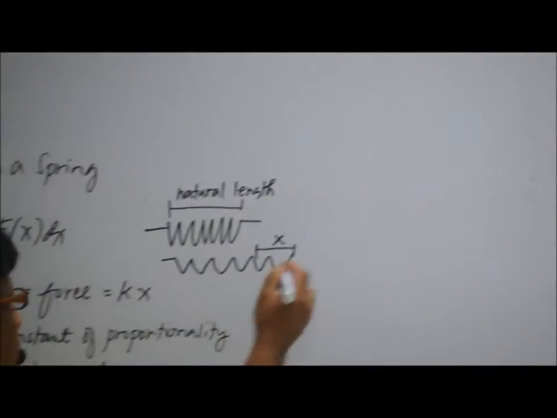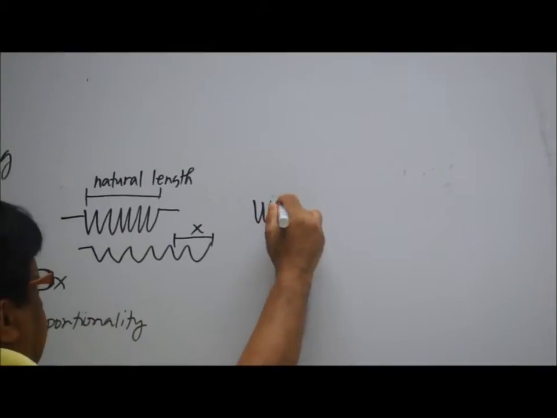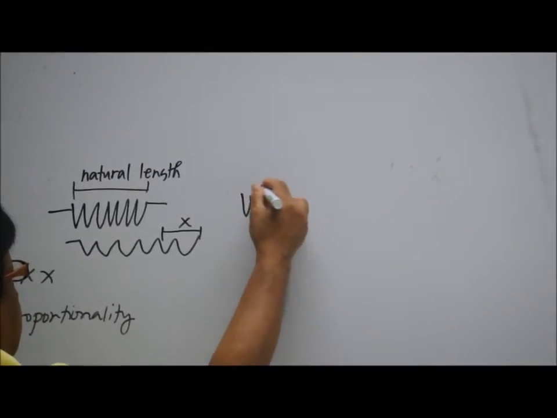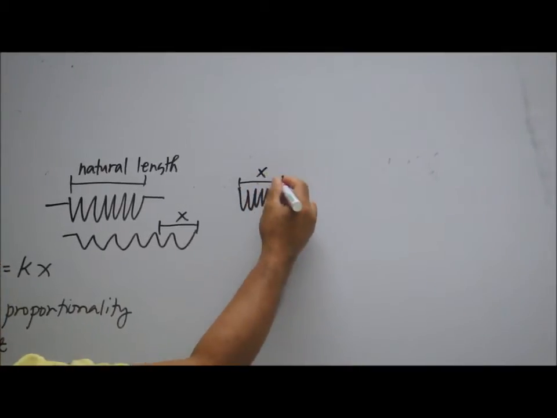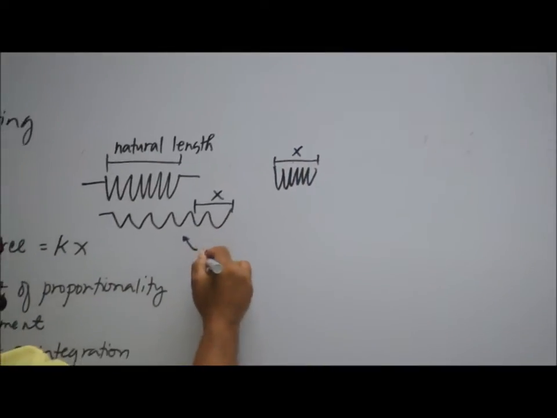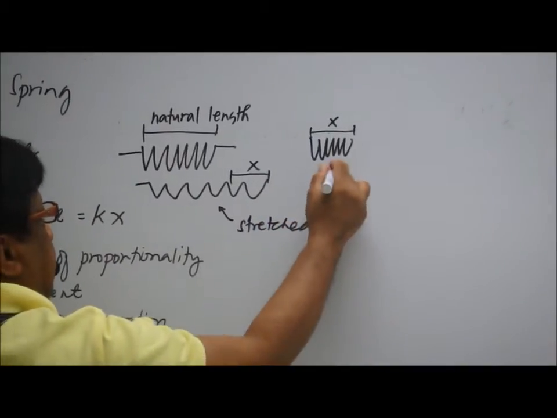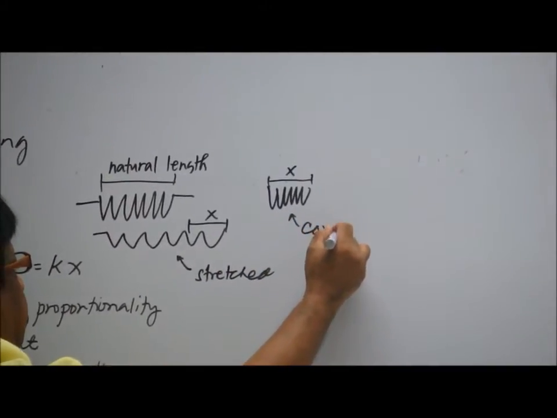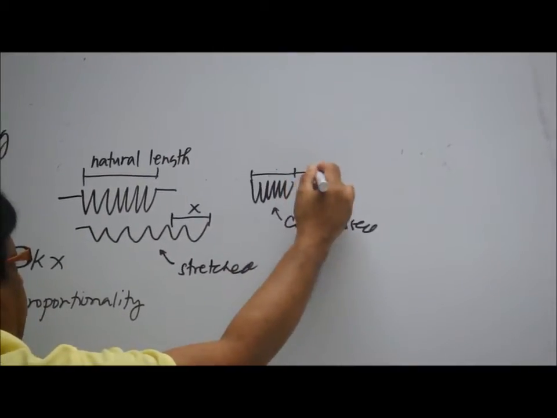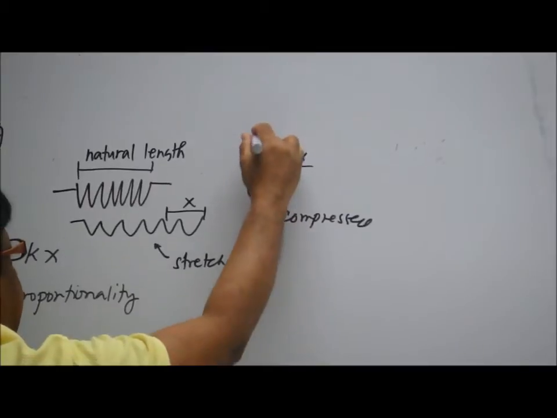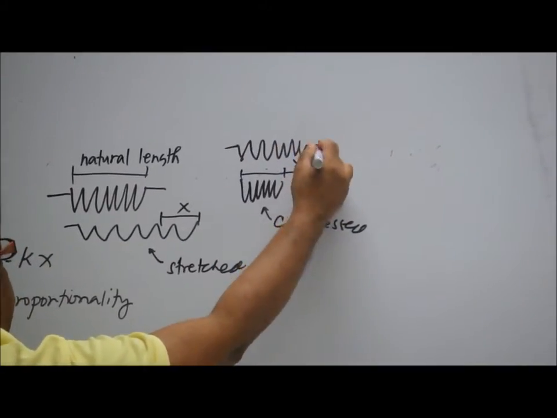And when it is compressed, there is also a displacement, which is also x. So this is stretch, while this is compressed. The displacement here is x because this is the original or the natural length of the spring.